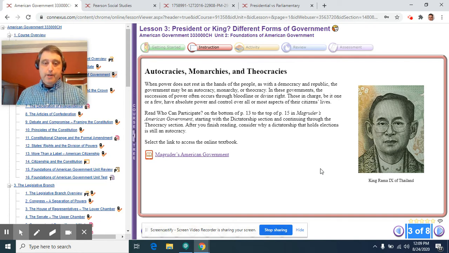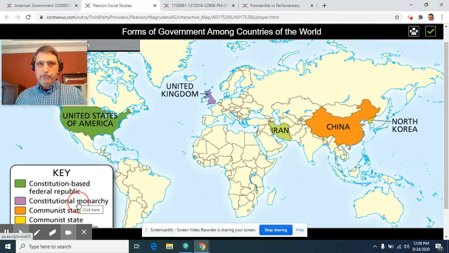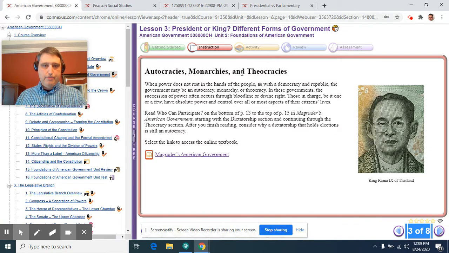We won't talk too much about that, but a theocracy is a good term to know. A theocracy is ruled by the church, by religion. And a great example of that, which we saw here, is Iran. Iran is a theocracy, meaning that the religion rules Iran. So that's a theocracy.